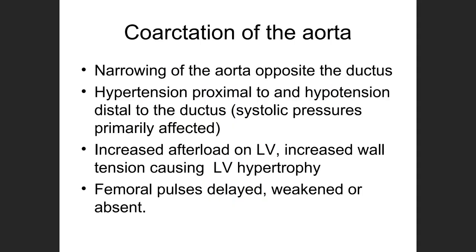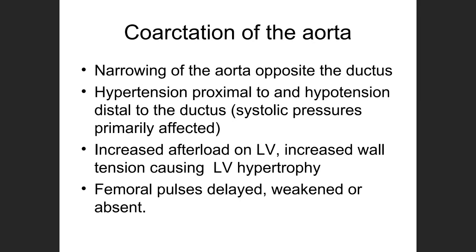Coarctation of the aorta is a narrowing of the aorta opposite the ductus. There is hypertension proximal to and hypotension distal to the ductus, and this affects primarily the systolic pressures.